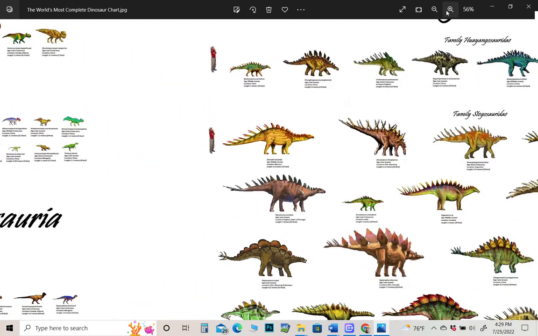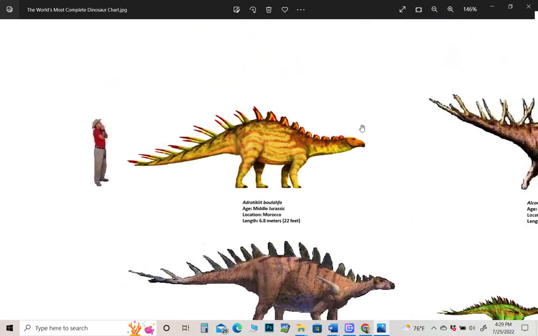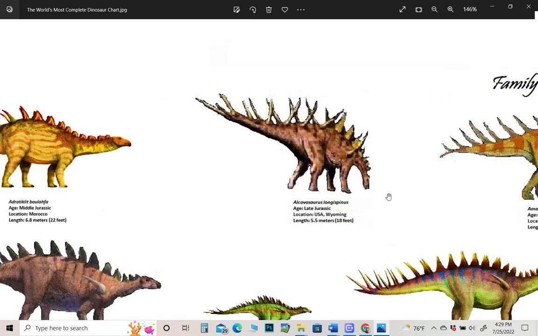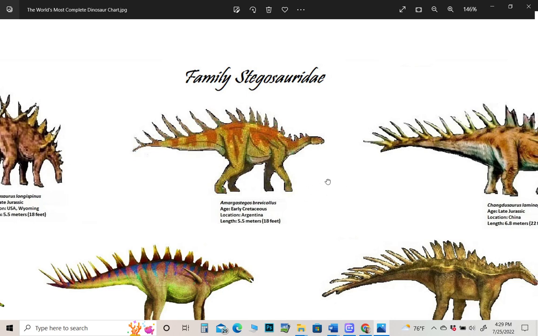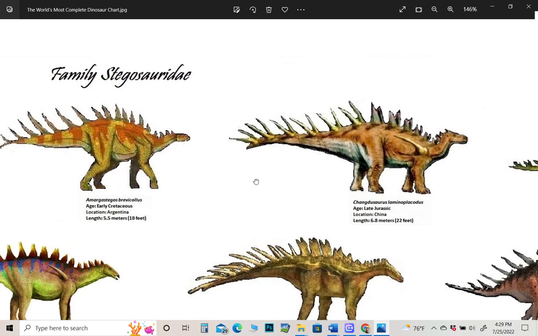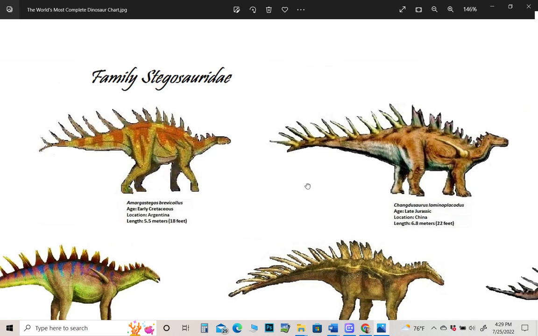Then we have the proper stegosaurs. Well, you're all stegosaurs, but the stegosaurids. Adratiklit, Alcovasaurus, Amygdalodon, Angloposaurus, Chialingosaurus, Americastegos, which is potentially a dubious genus, but it's added. Or it may not be by now, I don't know, but it's in there anyway. But it's from Argentina, which is unique, because I don't think they've ever found those in South America before.